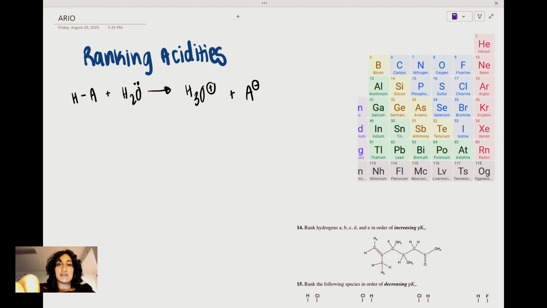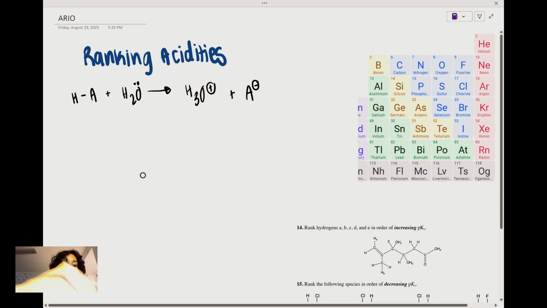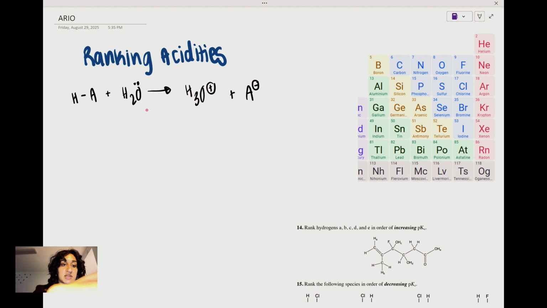Okay, so let's draw some arrows for this one right here. Let's use pink. Okay, so if we were to look at this from a Lewis acid perspective, the lone pairs on this oxygen would be going over, grabbing the hydrogen, and these electrons that make up the bond between the hydrogen and whatever carbon it is that it's connected to, they're going to break off and sit on the A as a lone pair.